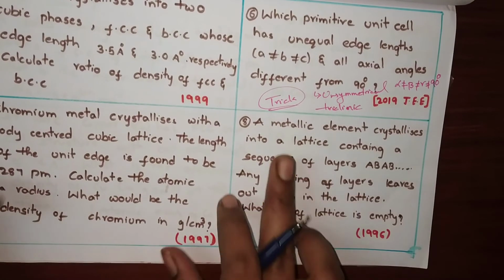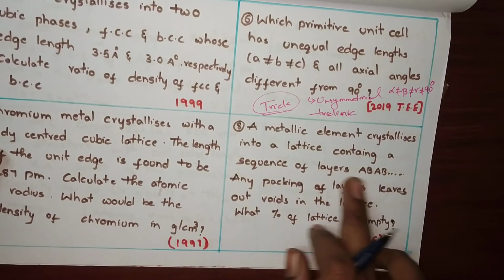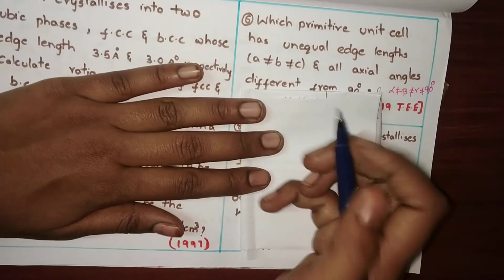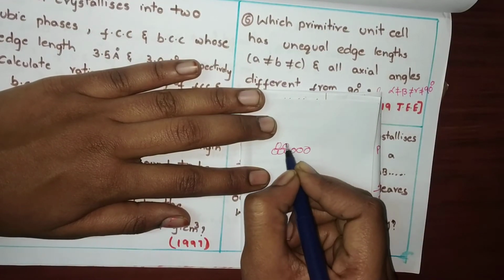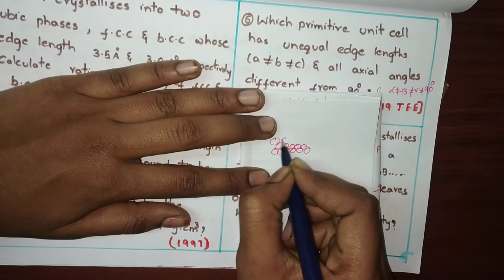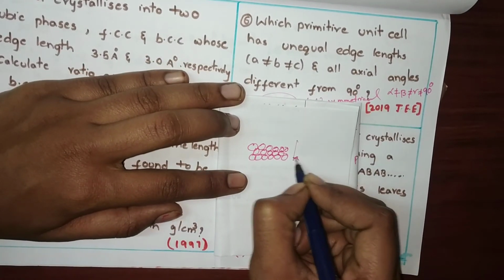See the next question. A metallic element crystallizes into a lattice containing a sequence of layers AB, AB, AB, like this repeating pattern.